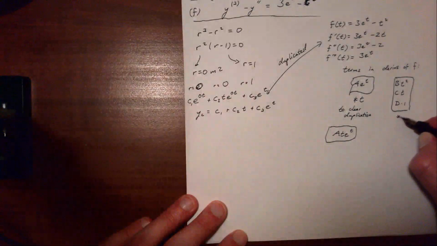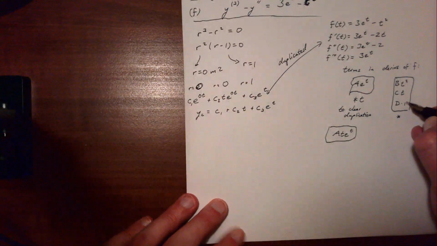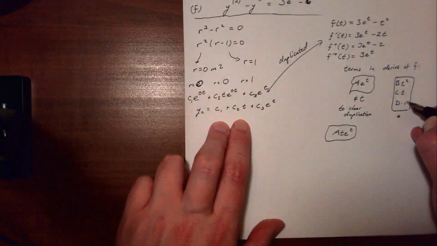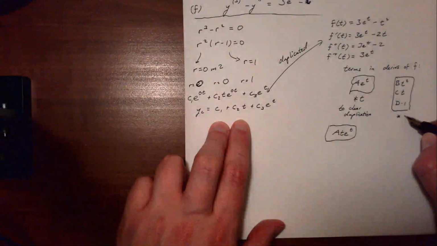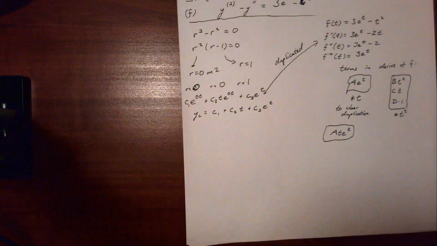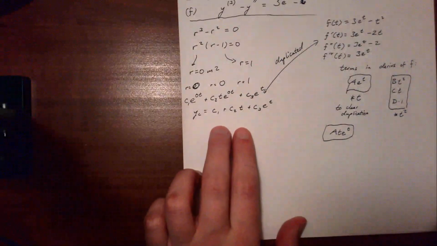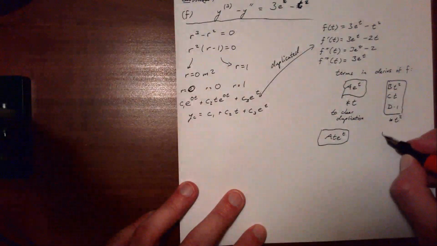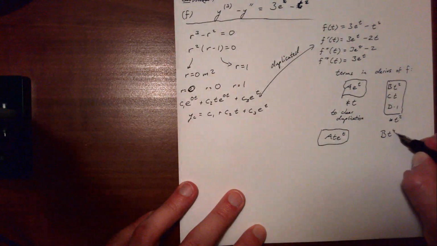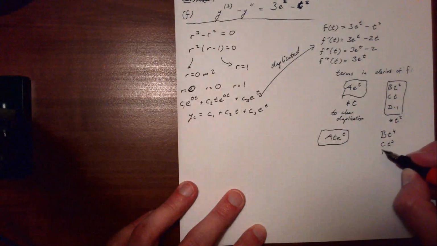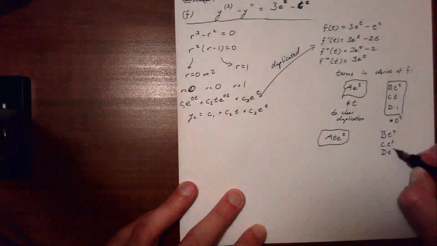Here, if I want to clear every member of this with every member of our original here, then what we're going to have to do is multiply it by at least a t squared, so that way even the lowest degree one will be cleared of any duplication with the terms over here. So it's going to be b t to the 4th, c t to the 3rd, d t squared.